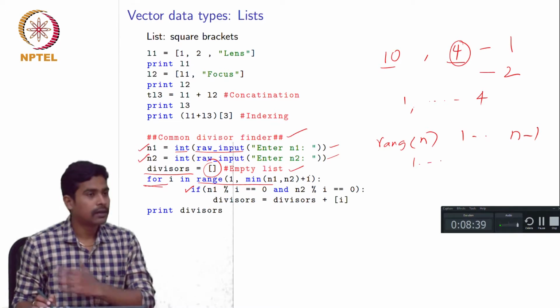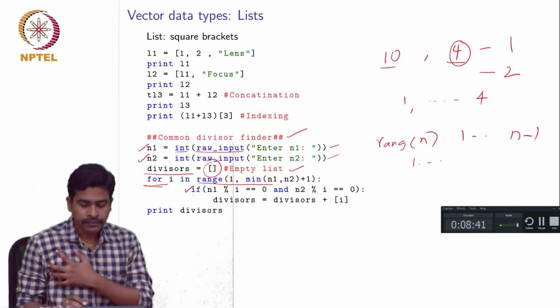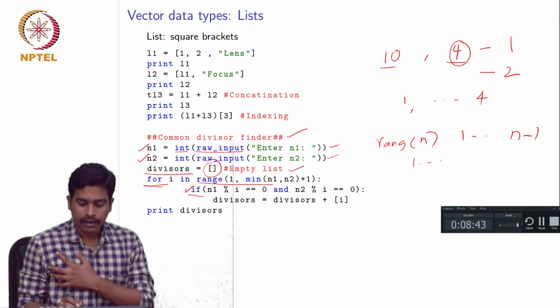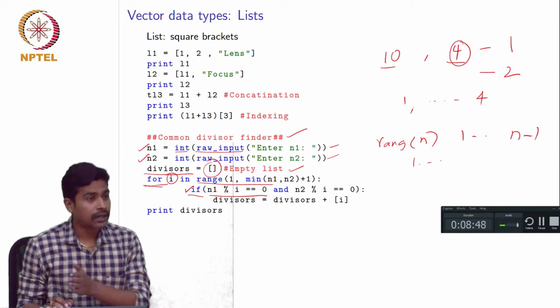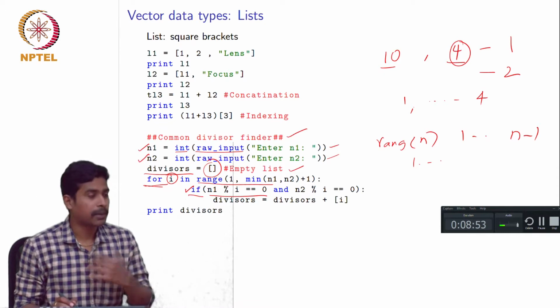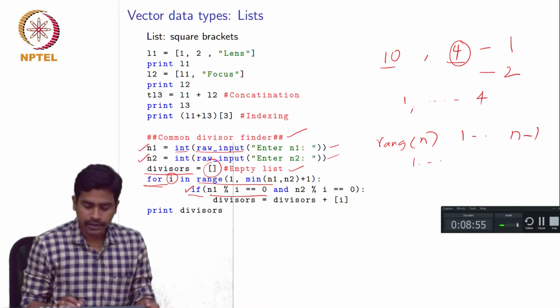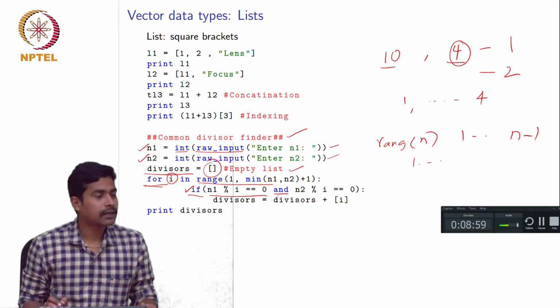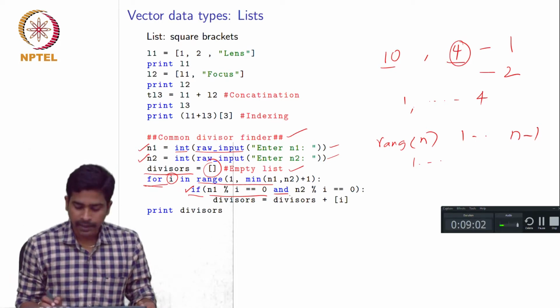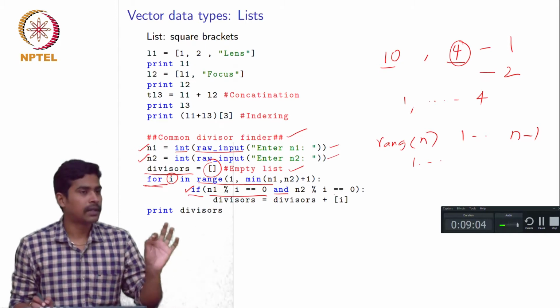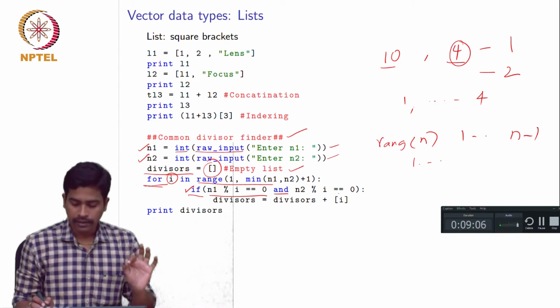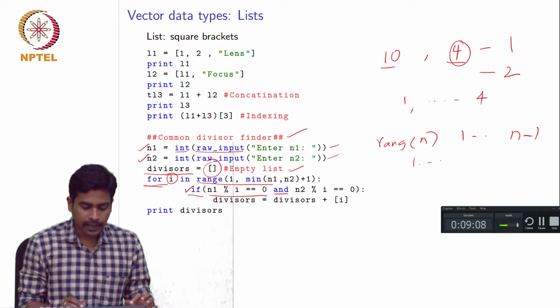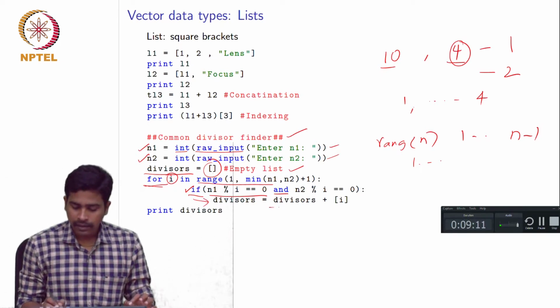In the if statement I am checking whether the number i divides, using the modulus operation, and a logical and condition to see if the number divides both or not. And if it does, I come inside the for loop and append.